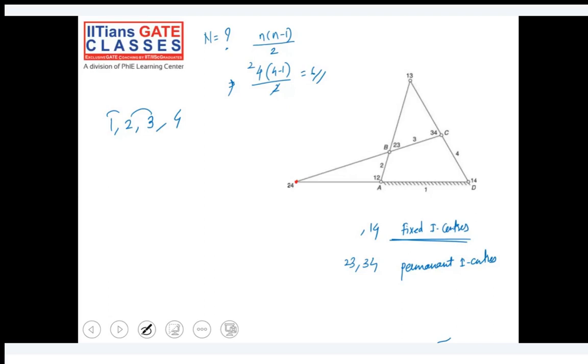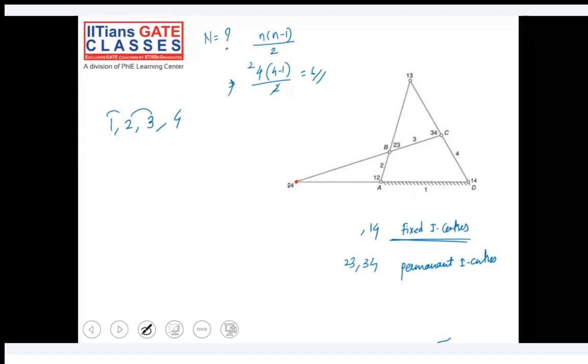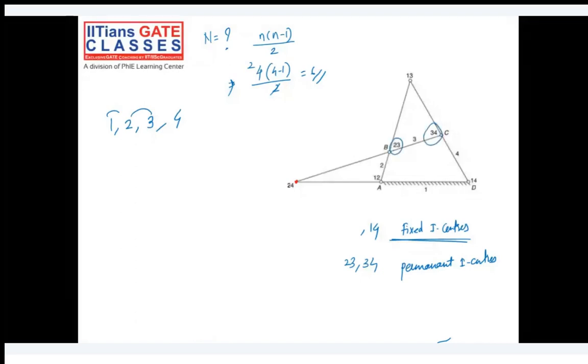So this is 2 3 and this is 3 4. We are talking about body number 2, body number 3, and body number 4. If 2 3 and 3 4 are on this line, then 2 4 also has to be on this line.